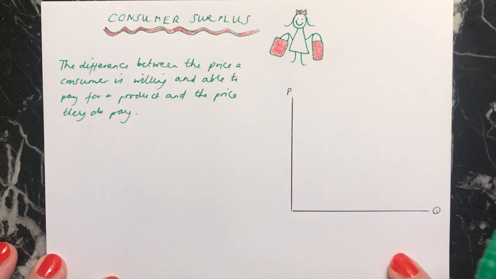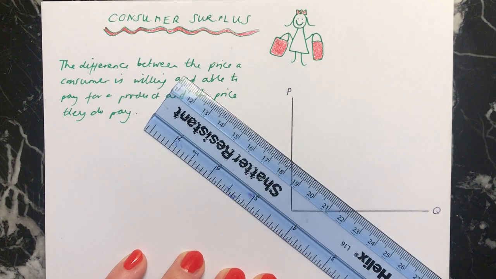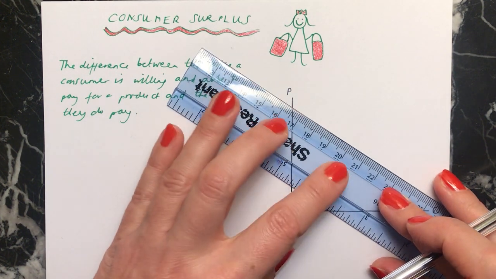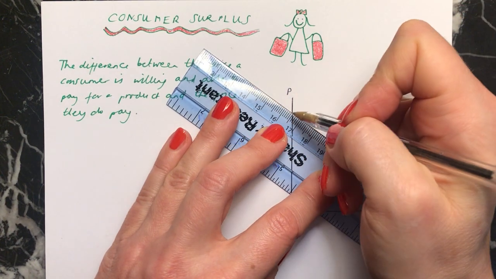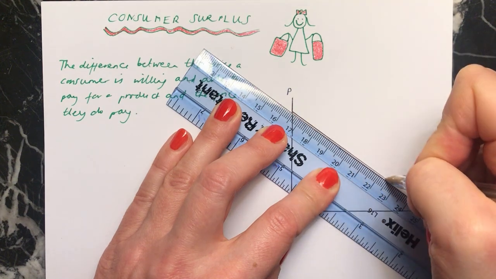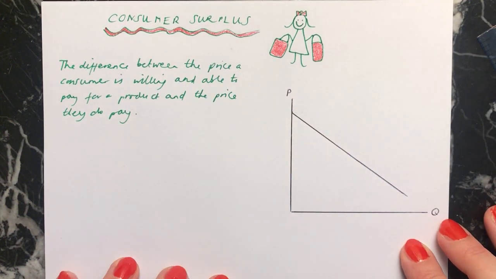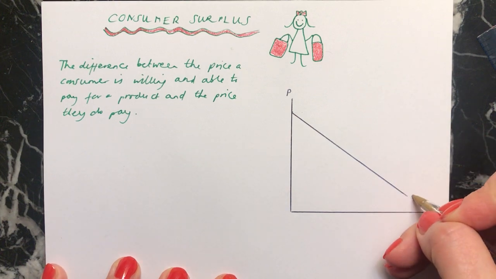So if you imagine somebody's going shopping, when they're going shopping, they have their demand curve. Remember, it's downward sloping, down for demand. And for this, we need to touch the y-axis up here at the top. You'll see why in a moment. This is the demand curve.